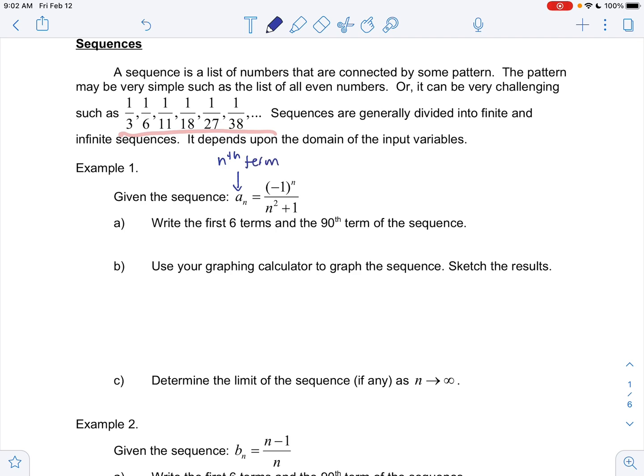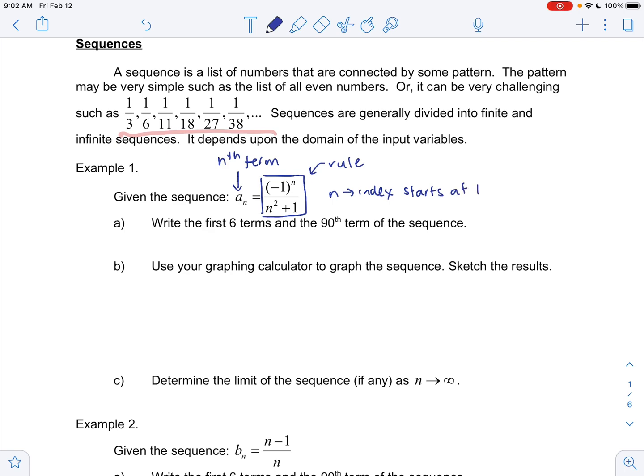Over on the right hand side, the nth term gives us the rule for which we're going to find the other terms. N is our index, and it helps us keep track of what term we're on. We're going to start with 1 being the beginning value of n, so the index starts at 1.